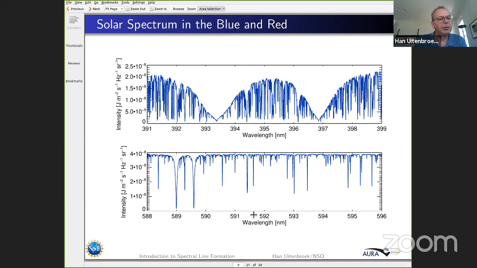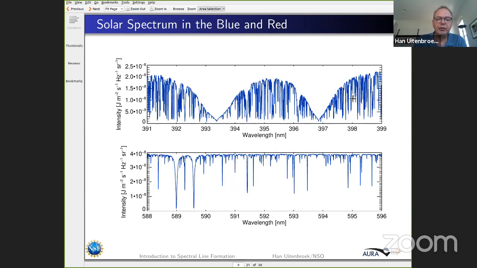Here's a different representation of the spectrum in terms of a line plot. These are the calcium H and K, the broadest spectral lines in the visible part of the spectrum. And here are the sodium D lines. You see they are much narrower. You see again that there are many more spectral lines in the blue.